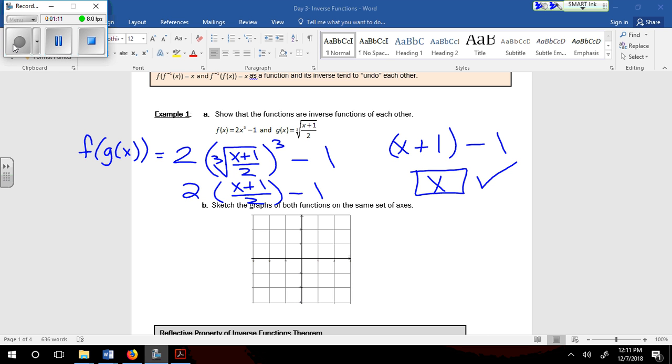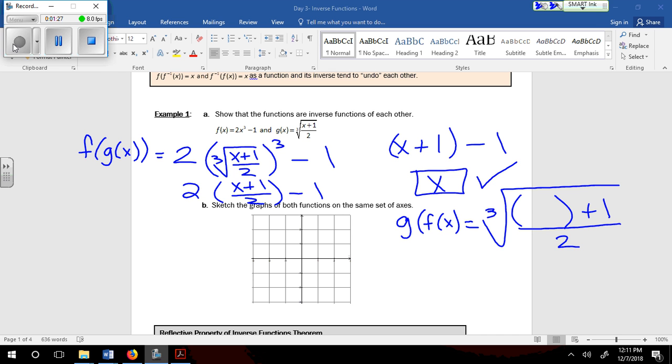Now that's not enough alone. I then have to do g of f. So I'm going to take f and plug it in for the x of g. So that would be the cube root of x plus 1 divided by 2. So I'm going to plug in 2x cubed minus 1.